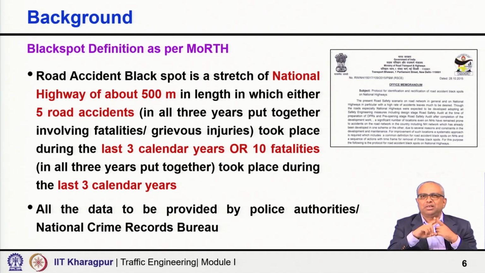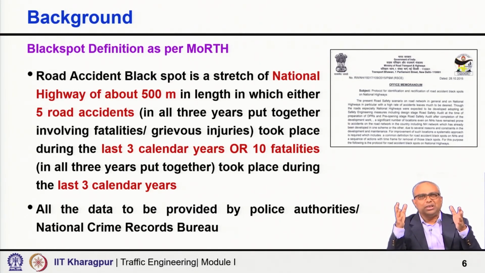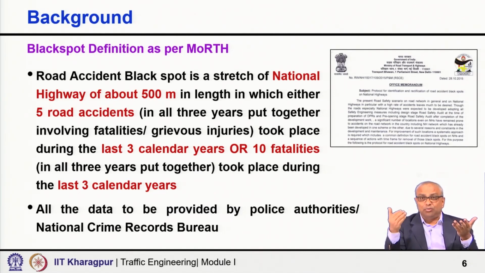this definition is based on the past 3 years of data, that is number 1, and you divide the road into homogeneous sections of approximately 500 meters length. In the last 3 years, either the site experienced 5 accidents involving fatalities or grievous injuries, or the site experienced 10 fatalities during the last 3 years.